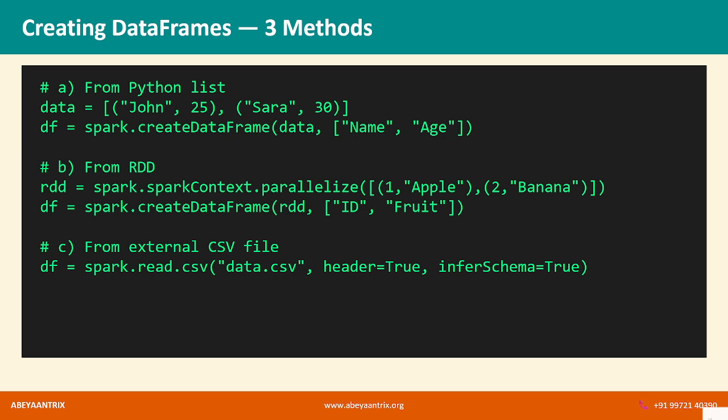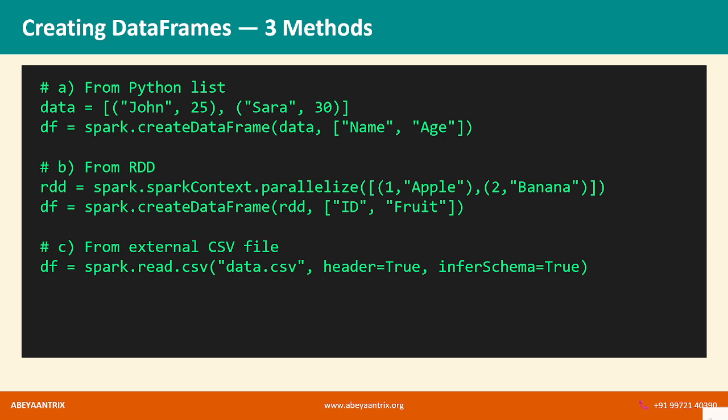How am I creating the data frame? With the help of the Spark object, spark.createDataFrame. This is the function you use to create the data frame. What parameters does it take? It takes the data you have created and the column names.